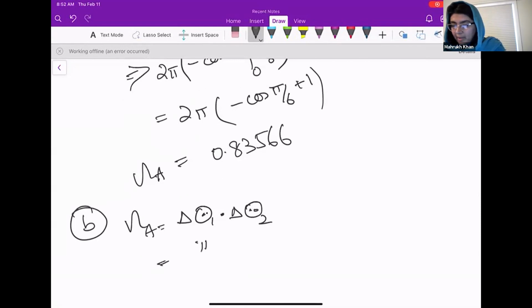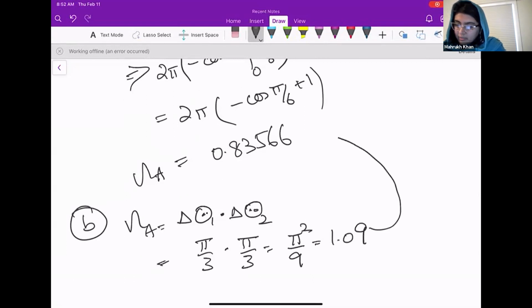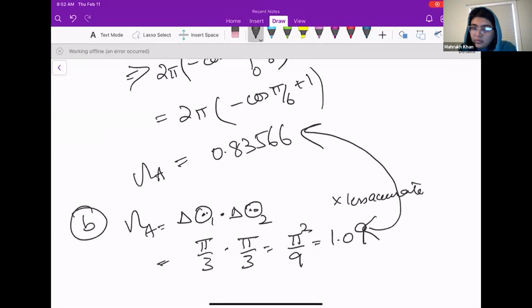So it should be pi by 3 multiplied by pi by 3, which is pi squared by 9, which is 1.09, which is very much different than this one. So they said that it's almost 30% difference. This makes it less accurate, in which they approximate angle in astronomy.